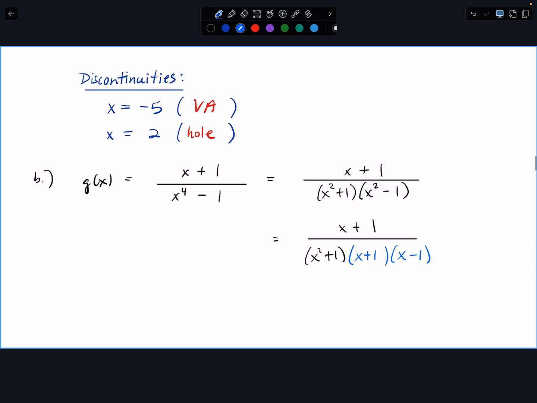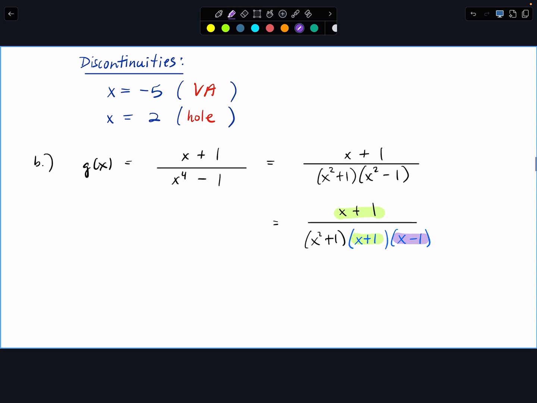Okay, so this right here, I can just leave alone. But notice that this and this are the same, right? So what happens to those? Cancel. Does this cancel? No. So we have discontinuities where?